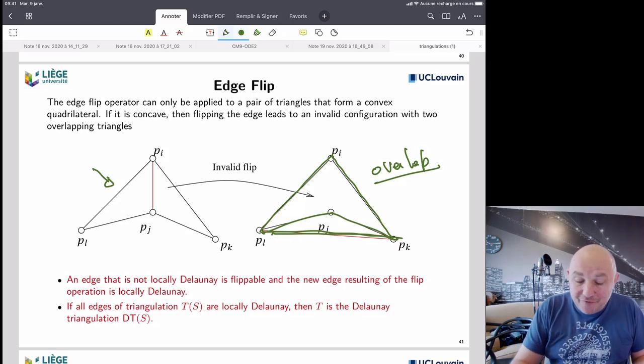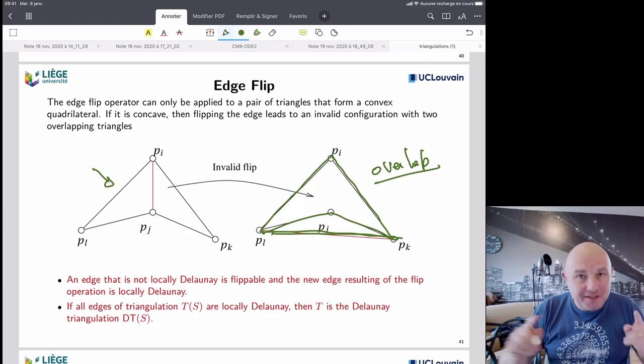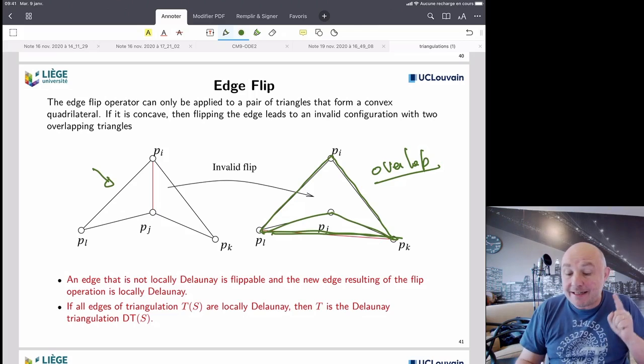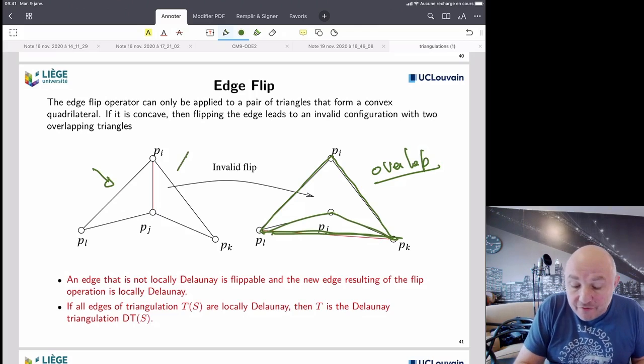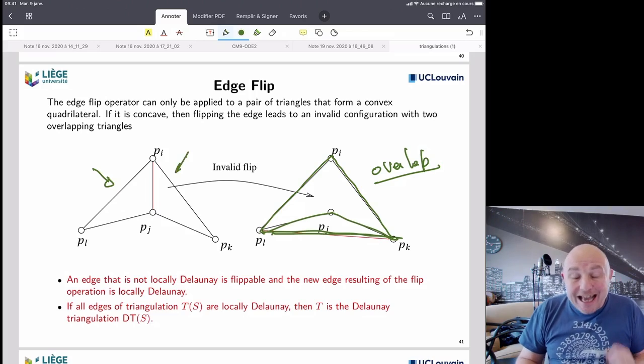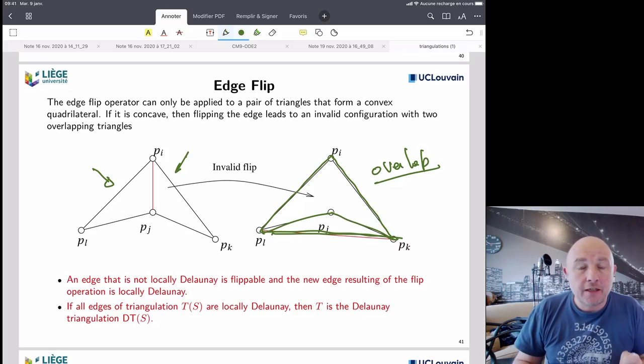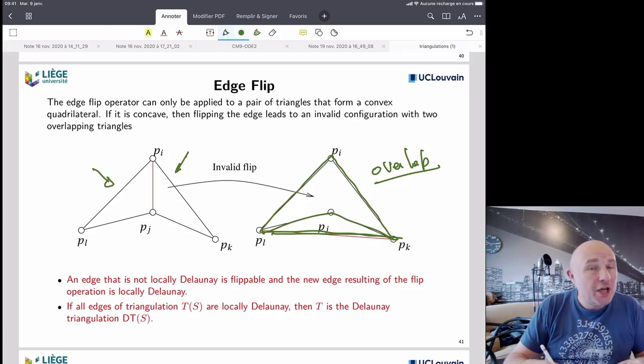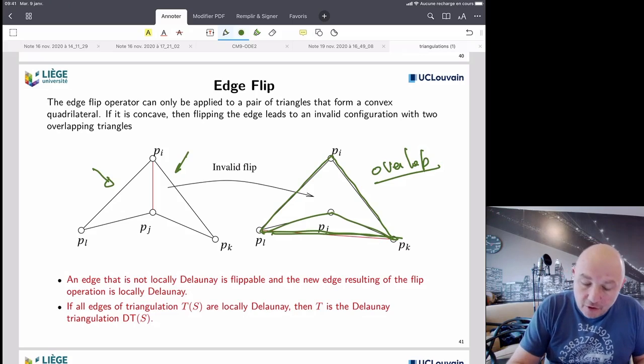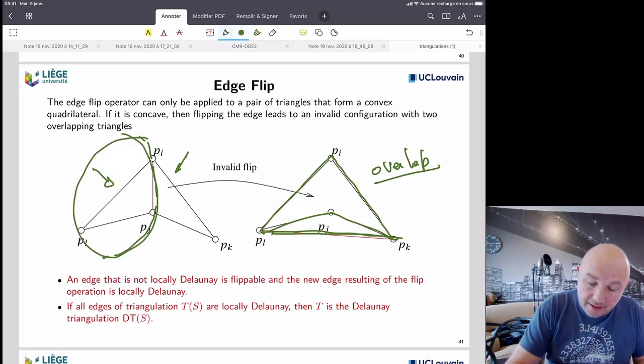But the good thing with the Delaunay triangulation and with the flip algorithm is that any concave situation is locally Delaunay. If you have a concave quadrilateral, you cannot have the circumcircle of a triangle that contains a point.